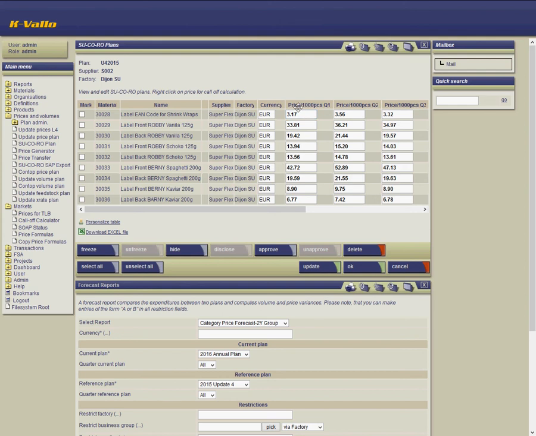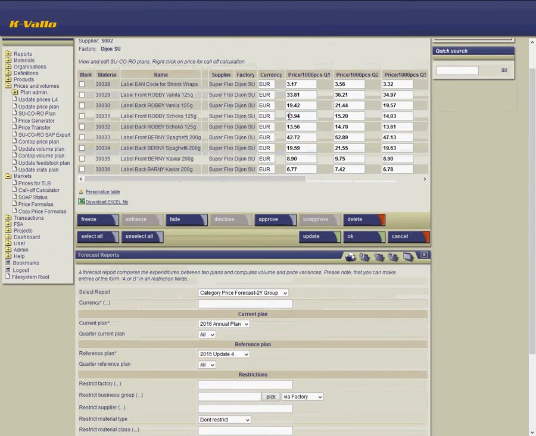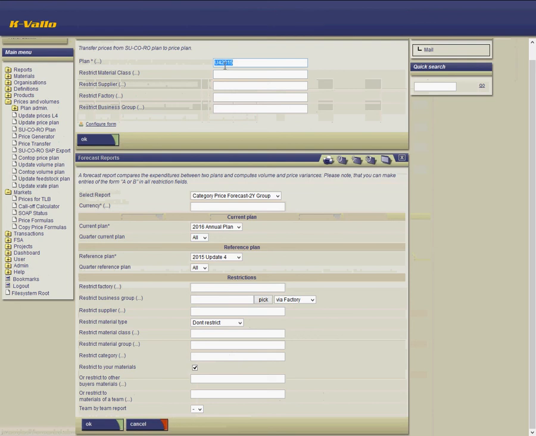This is the prices we have calculated with the new price formula. So what we do in the next step is we bring those prices into the price plan. So we transfer the prices and we bring it to the price plan.